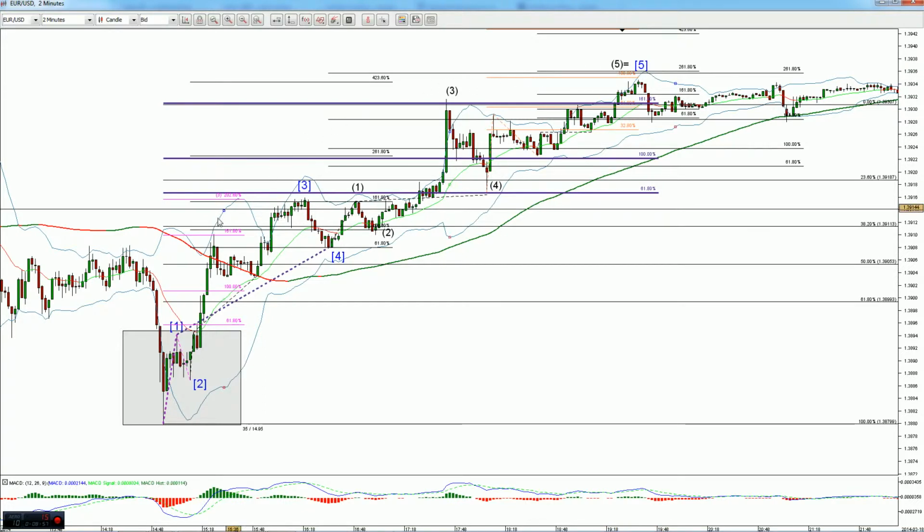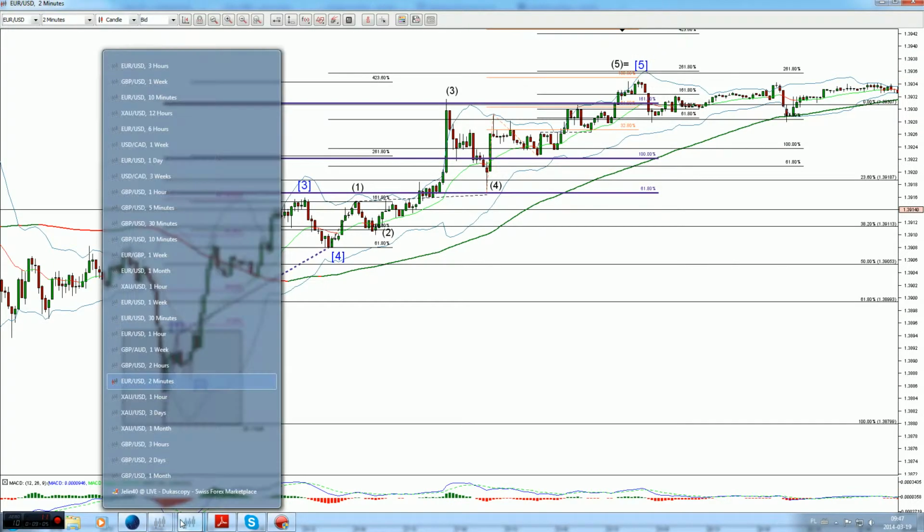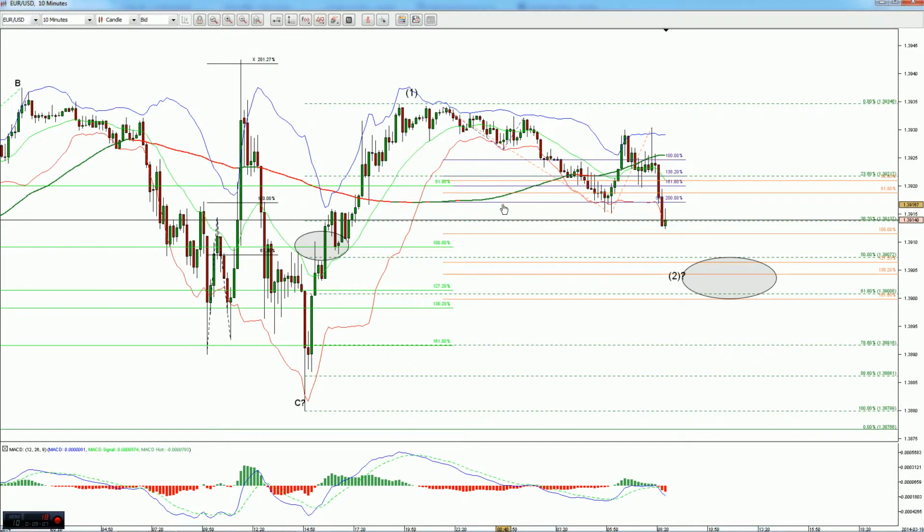Okay, but the whole structure shown now, this 1, 2 until 5, blue 5, gives me most probably a bigger impulse on a higher degree, and this is this one. Okay, so I've got 1, and now I'm expecting a second wave as a corrective structure, A, B, C. This is the first part.